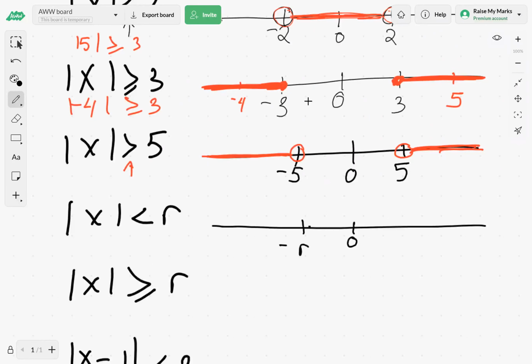We're going to have a -r and an r value. Since it's a strict inequality, we're going to have open circles at the r's. Since our absolute value is less than r, we're going to consider the part of the number line that's between -r and r.